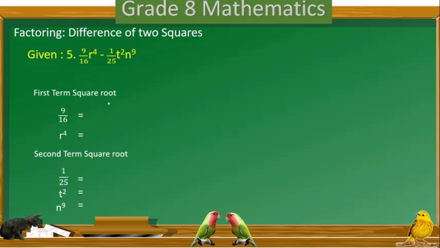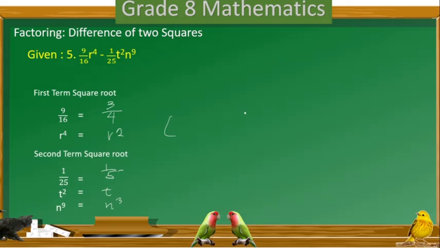For 9, it is 3. For 16, that is 4. For r to the 4, that is r squared. Then 1 over 25, that is 1 over 5. Then n to the 9, this one is n cubed.